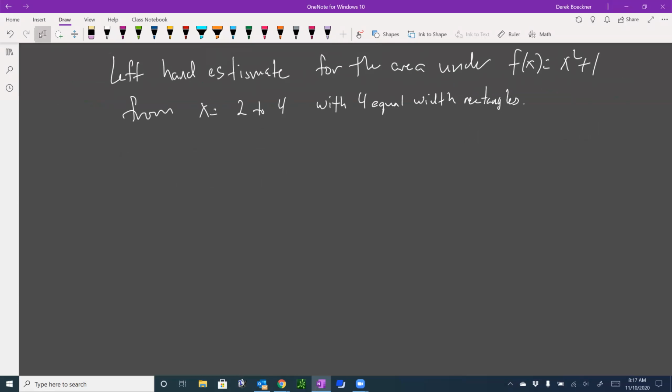Okay, so let's draw this picture a little bit. So I have x squared plus 1. So I've got a parabola here like this. I'm going to go from 2, there's 1, there's 2, 3. Let's stretch that out a little bit. One, 2.